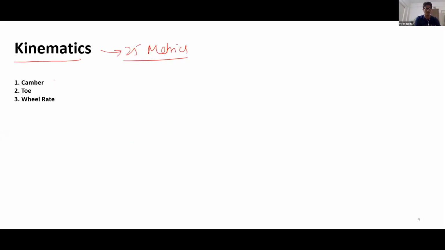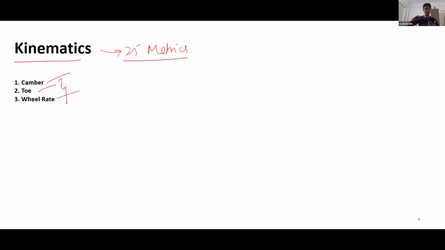If you can optimize these three values in a suspension, that is the camber, toe, and wheel rate, you would be able to make an 80% efficient suspension. So you should have a good toe characteristic, good camber characteristic, and a good wheel rate.